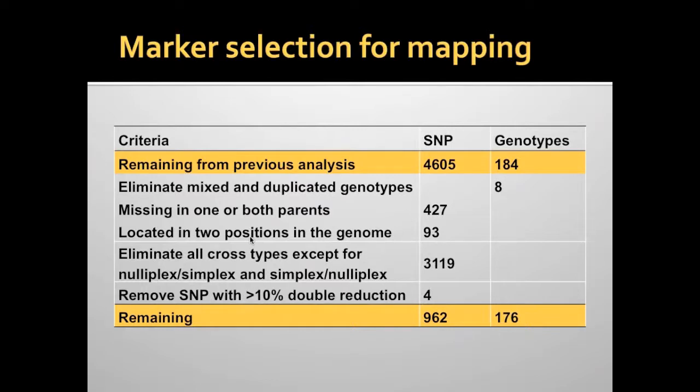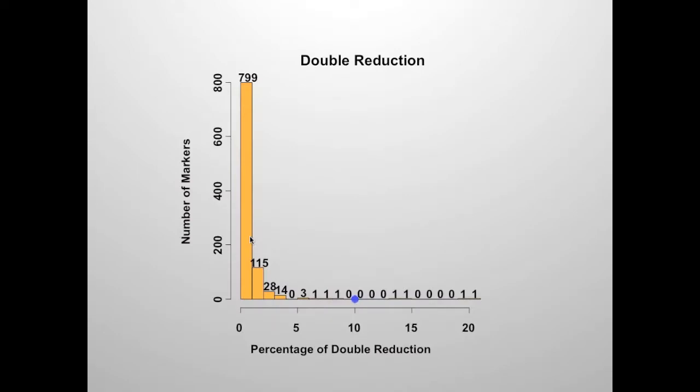And now I'm going to show a little bit more detail on the double reduction analysis. From the markers I had, I plotted how many markers had a certain percentage of double reduction.